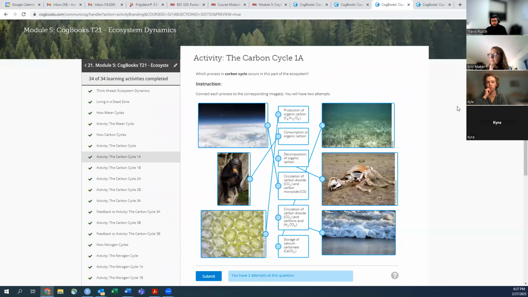Right. I might be getting off topic here. From what I understood in Cogbooks, there's a natural balancing act. So in one area where there might be an excess release, there probably would be more settling out in a different area. But that's not happening through our extraction and all of that. Sure. Yeah, if there was a big release and it drifted elsewhere, it would settle elsewhere.